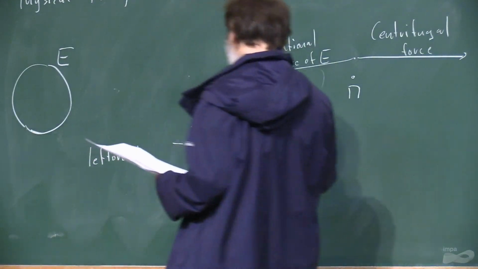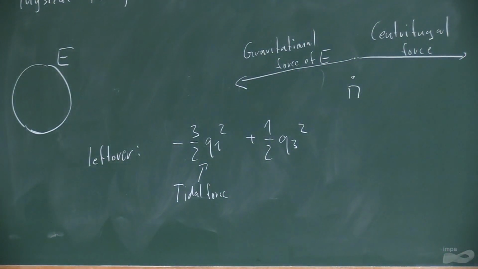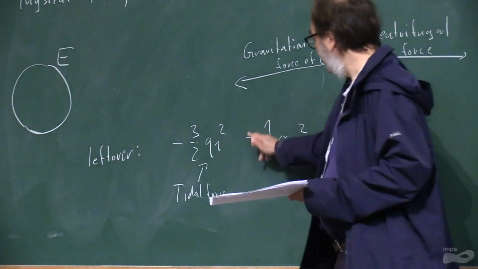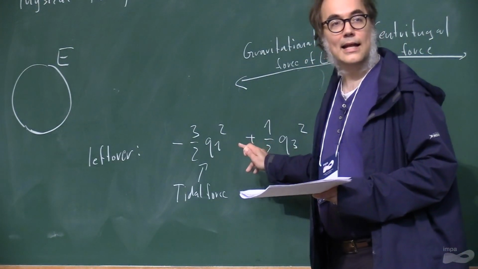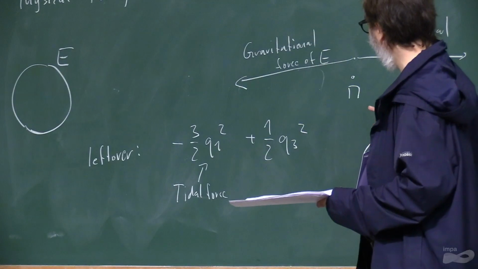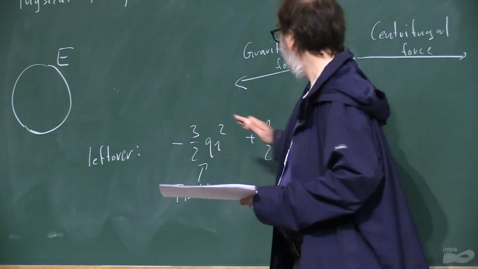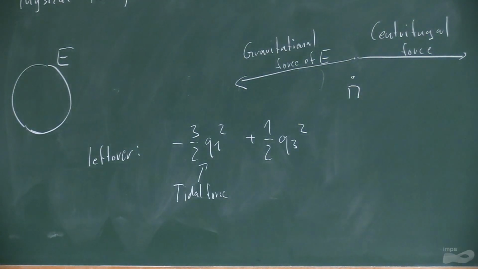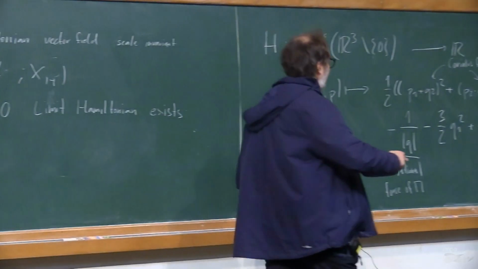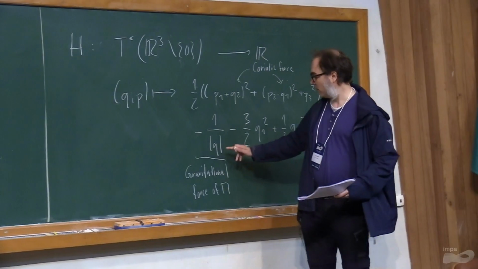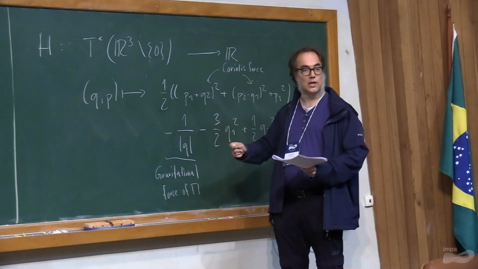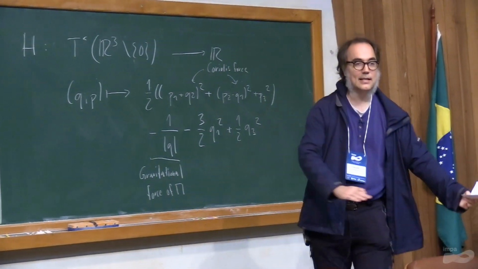So this is repulsing, and this here is attracting, and it's kind of clear that you have an additional attracting force, since if you just look at the q3 component, we have of course the gravitational force of the moon, but the Earth is still in the plane.